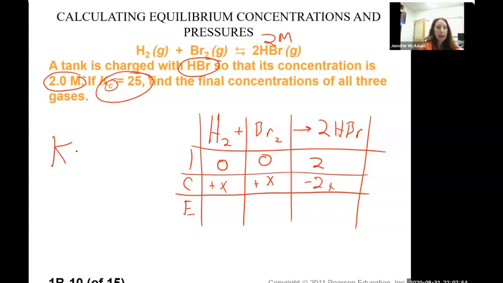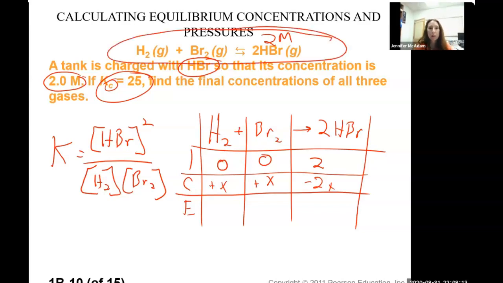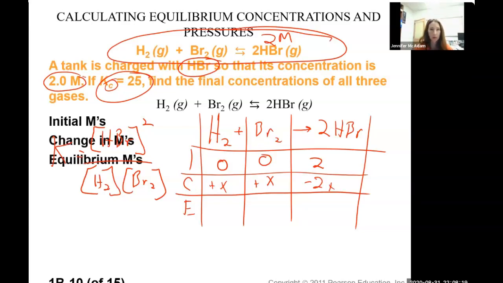So when we write our K, it's still going to be HBr squared over H2 and Br2, right? So even though it's going backwards, we still write it the way it's written: always the products over the reactants. And so that's kind of the key to this problem.